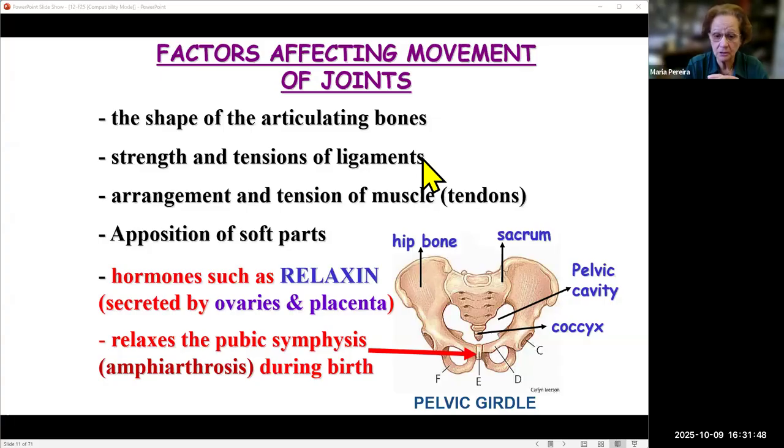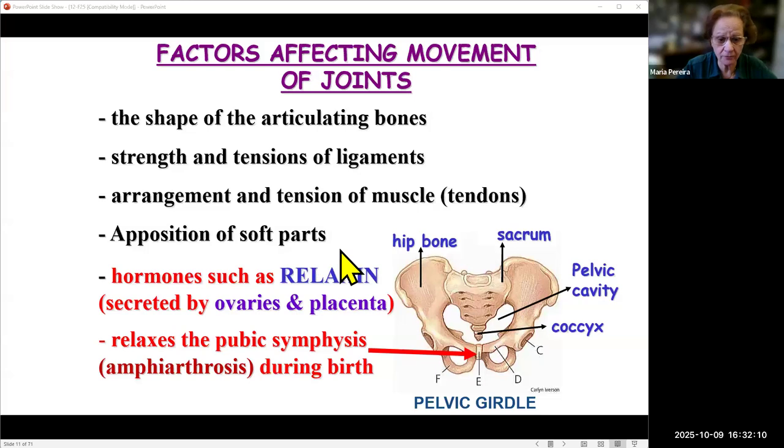So the stretch exercises keep the function, the elasticity of the ligaments. Then the arrangement and tension of the muscles. The joints also depend on the tendons and the good standing of the tendons.